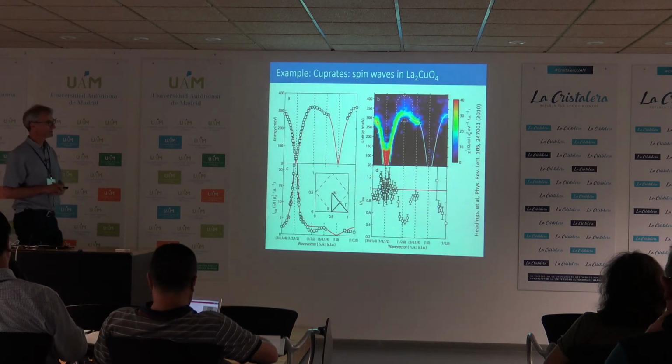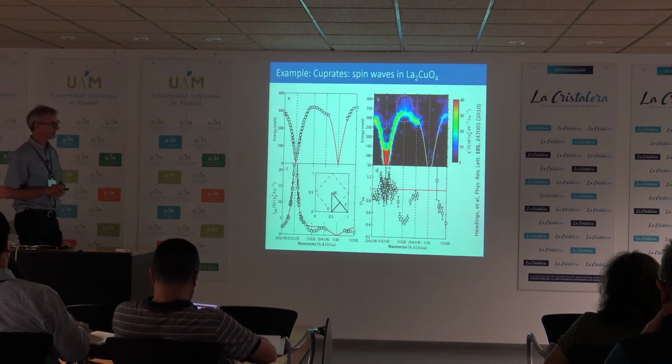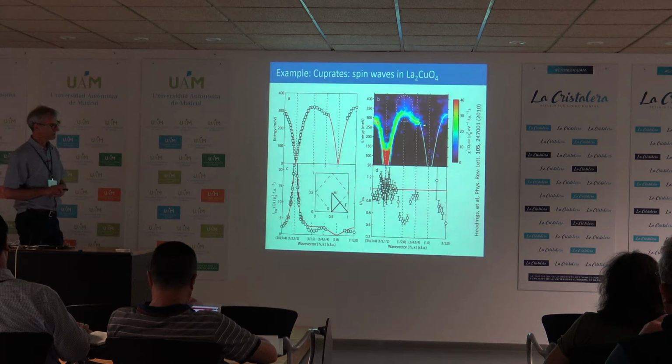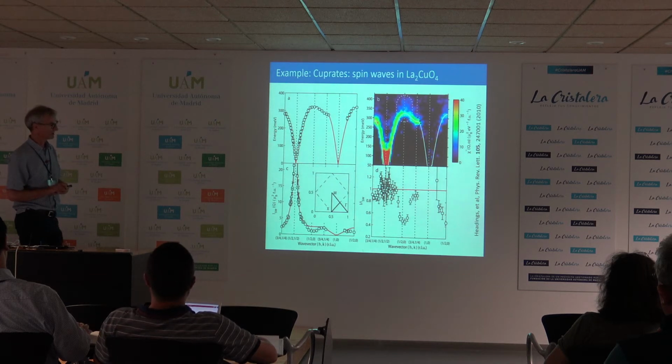But the main point I'd like to make here, actually about the parent compound, is that the spin wave excitations are already pretty anomalous in the parent compound. So one would expect for an antiferromagnet just to have spin waves dispersing throughout the Brillouin zone and some of what we call two magnon scattering above.